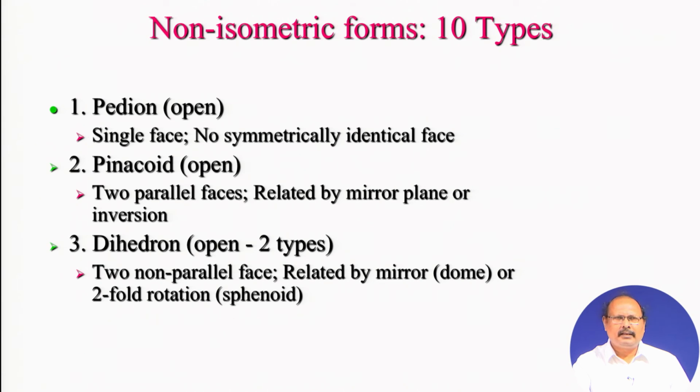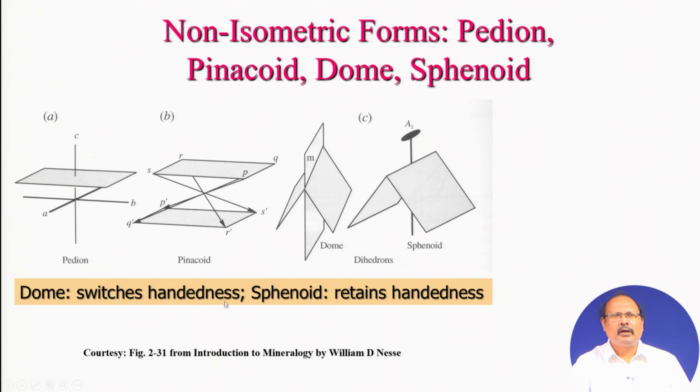So, let us see how these forms look. This is your single face here, this is your pedion. Now, if you have this face here and you have a center of symmetry here, you generate another face at the diametrically opposite direction, and these 2 parallel faces we call a pinacoid. And these 2 crystal faces intersect at this point.